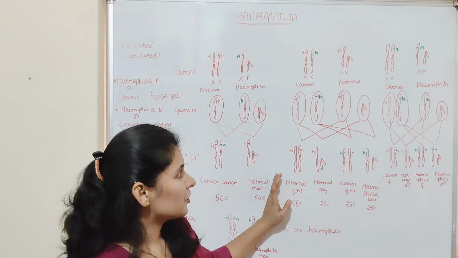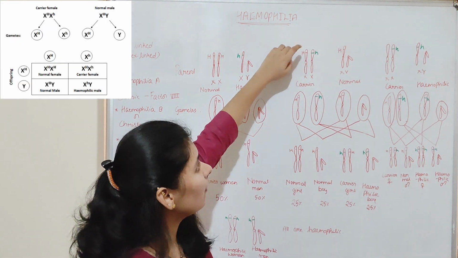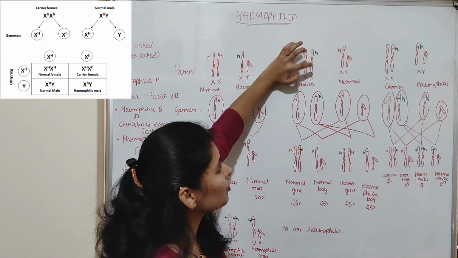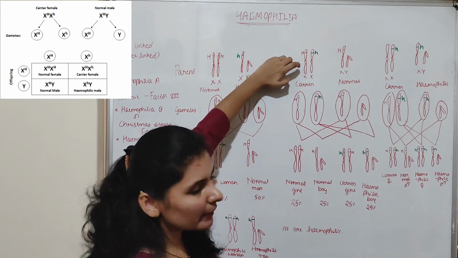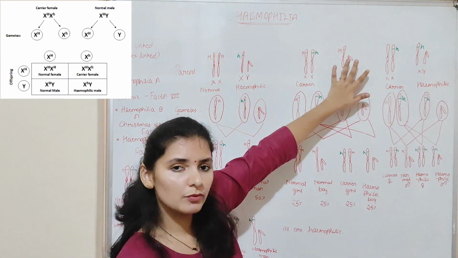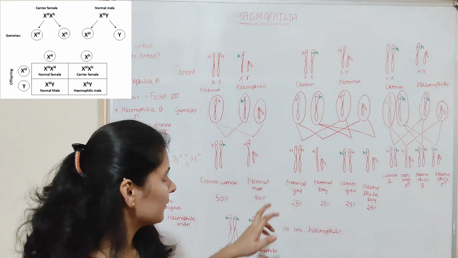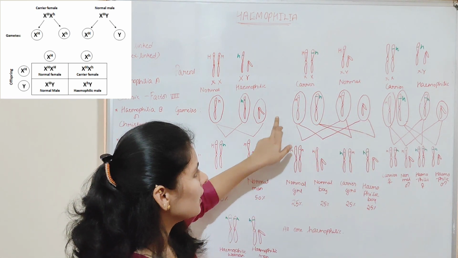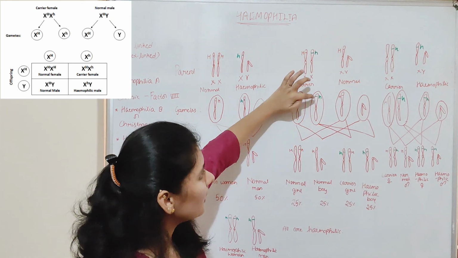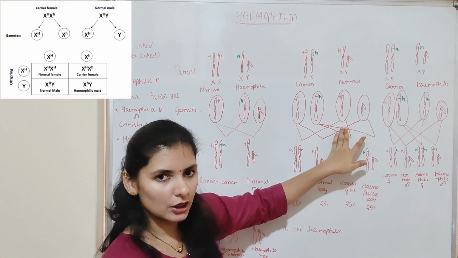We'll take another condition where a carrier woman marries a normal man. A carrier woman will have one abnormal gene, or gene responsible for hemophilia, in one of the X chromosomes, whereas the other X chromosome will be normal. Whereas in a normal man, both chromosomes will be normal, or he will not carry any abnormal gene for hemophilia. These are the offspring produced by these parents. Out of that, 50% of the eggs will carry the abnormal gene responsible for hemophilia. Sperms will be normal.